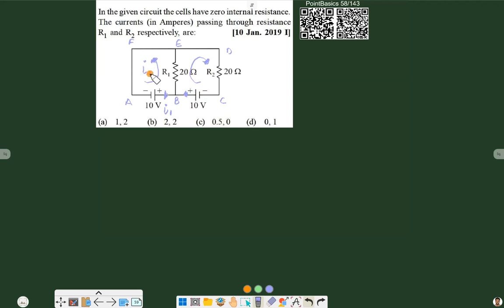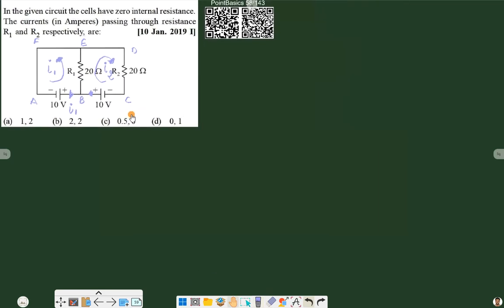Here the value of current is I1, and here the value of current is I2. So we will first solve for the first loop, then for the second, then form some relation, and then solve them to find the values of I1 and I2.